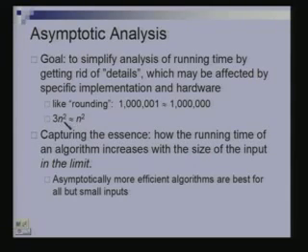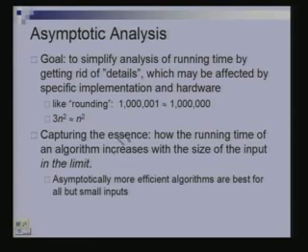Both of these algorithms, one which has a running time of 3n squared perhaps, and another with a running time of n squared, have a quadratic behavior, as in when the input size doubles, the running time of both algorithms increases fourfold. And that is the thing that is of interest to us.